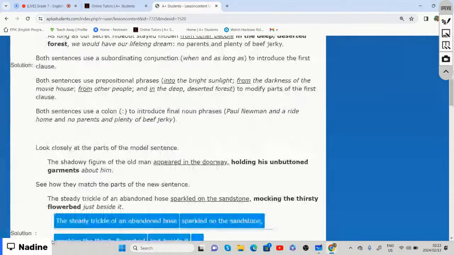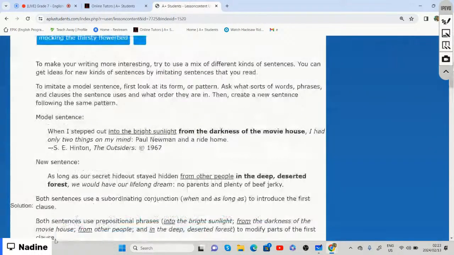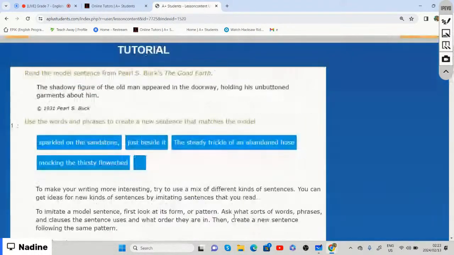If we look at our other sentences, remember, it's about creating sentences. Here it says, read the model sentence from Pearl S. Buck's The Good Earth. It says, the shadowy figure of the old man appeared in the doorway, holding his unbuttoned garments about him.